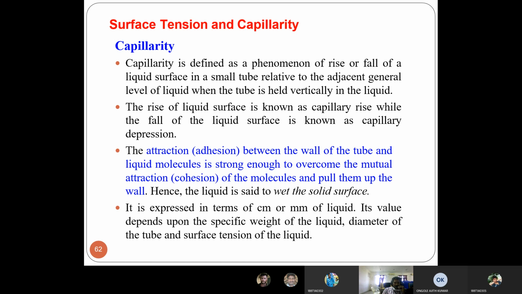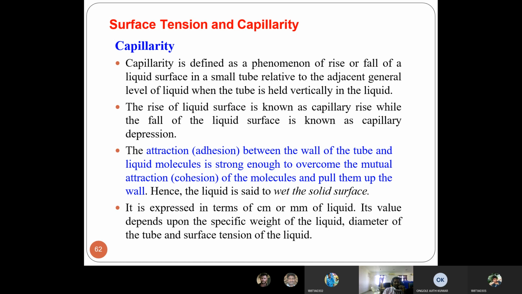If adhesive force is more than the cohesive force, then the liquid will wet the solid surface with which it is in contact. It is expressed in terms of centimeter or mm of liquid. Its value depends upon the specific weight, that means weight density, of the liquid, the diameter of the tube and the surface tension of the liquid.